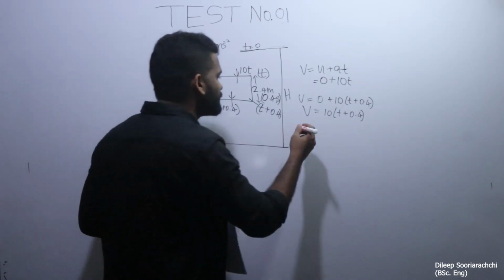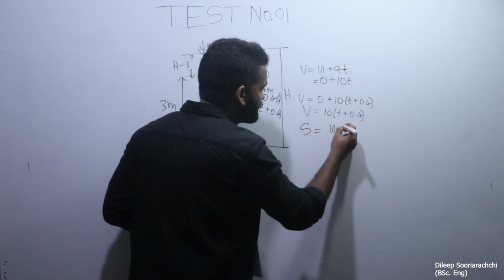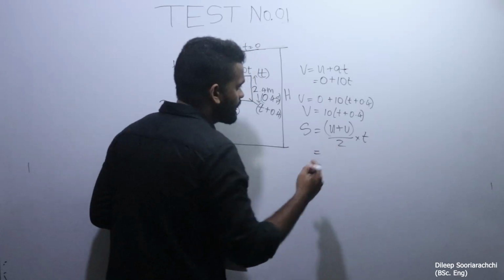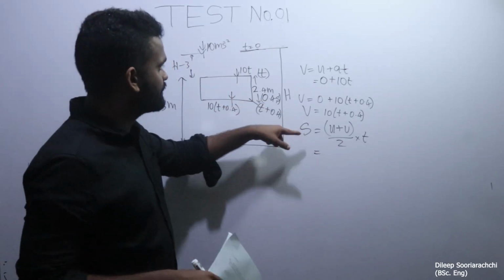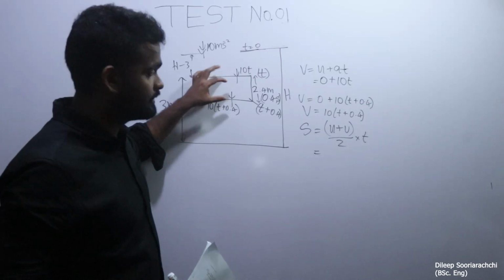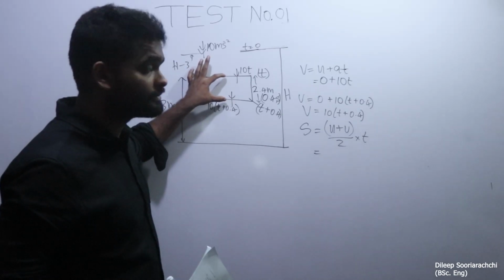Then I am going to use the equation S equals (u plus v) divided by 2, times t. I am applying this equation within the distance of the window.